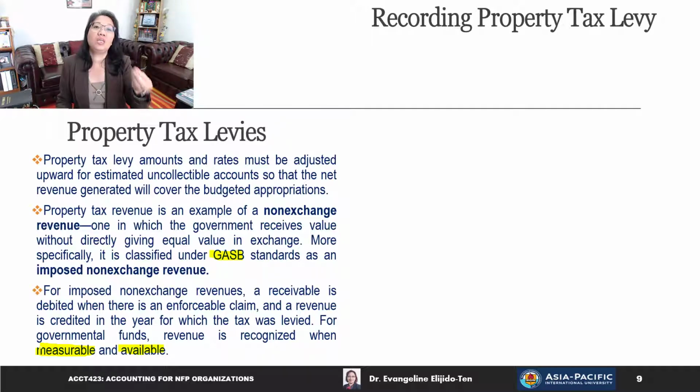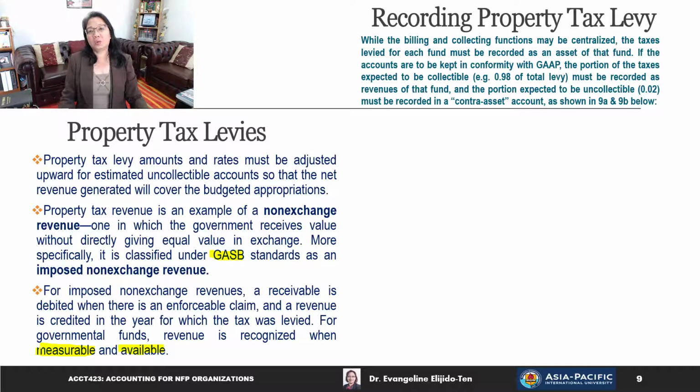The question now is, when is it available? The availability has to do with what we call the 60-day rule, which I will talk about in a short while. So let's look at the recording of property tax levy first and how much levy should be imposed.